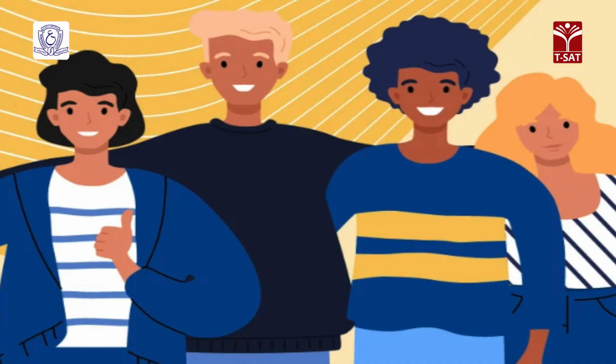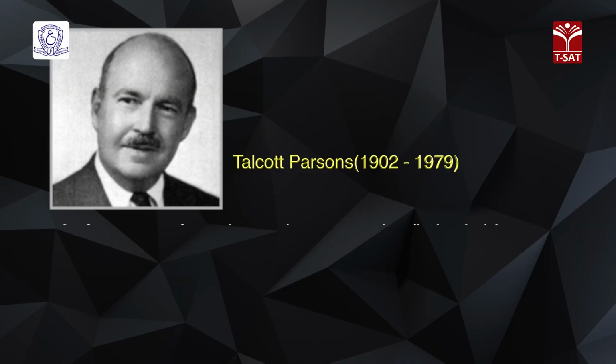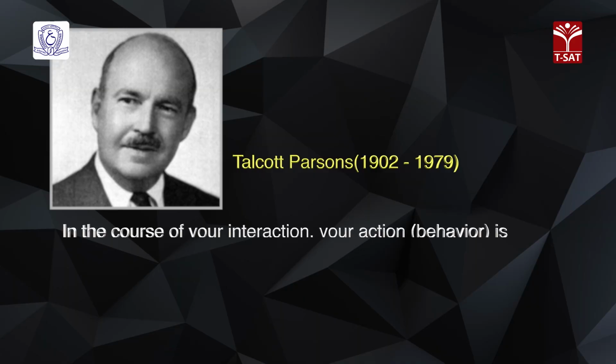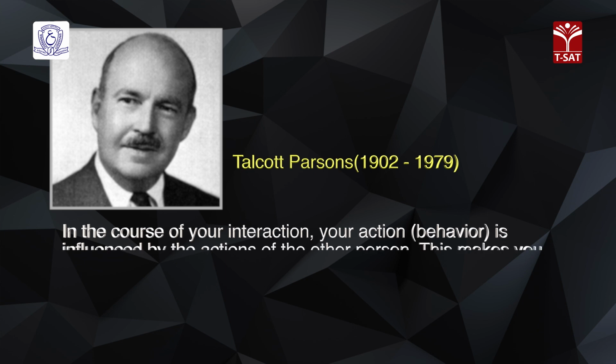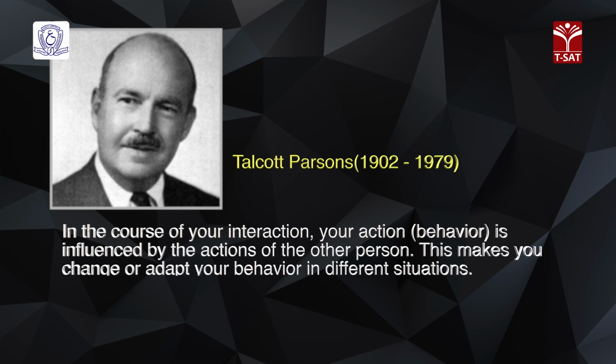When you are interacting with your friends and peers, you behave in a different manner. Why do you do this? Why is your behavior not the same with all people you interact with? According to Parsons, this is because in the course of your interaction, your action, that is your behavior, is influenced by the actions of the other person.